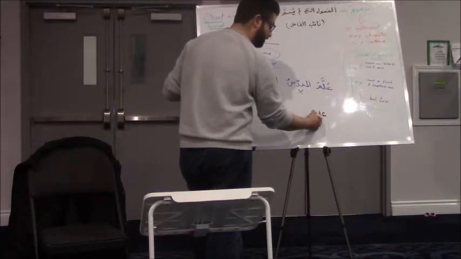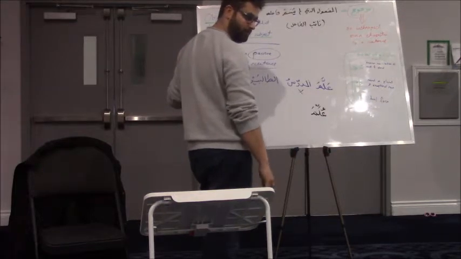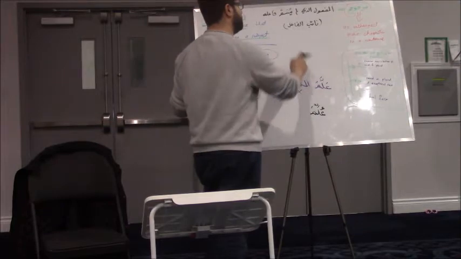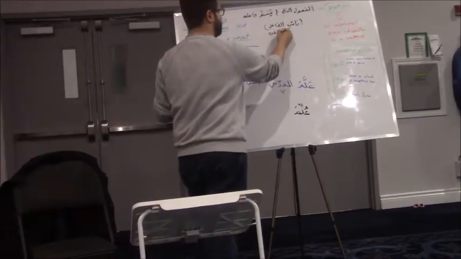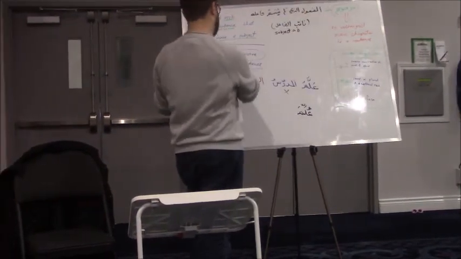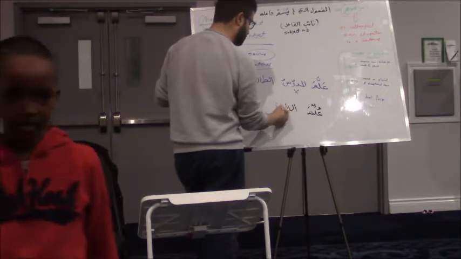Very good. Very good. 'Ullima. So now it's a passive verb-based sentence. We're not going to find a subject, we're going to find a substitute of the subject. And it's going to be marfu', the object in the sentence, so al-talib, two, al-talibani.